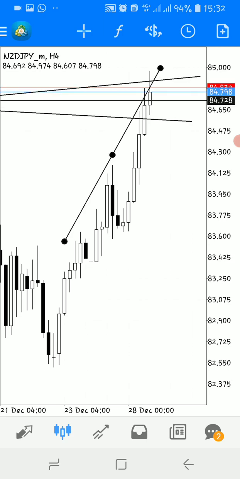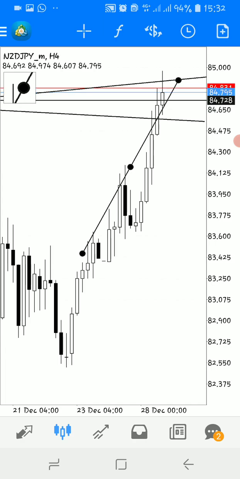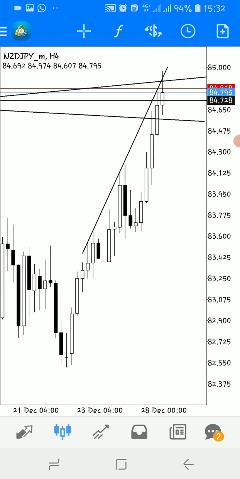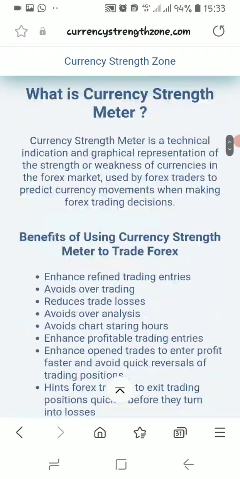So New Zealand is stronger than JPY, but over here it will not be a profitable trade because New Zealand is overbought and price is at a resistance, with a tendency to reverse. So it's not a profitable signal.